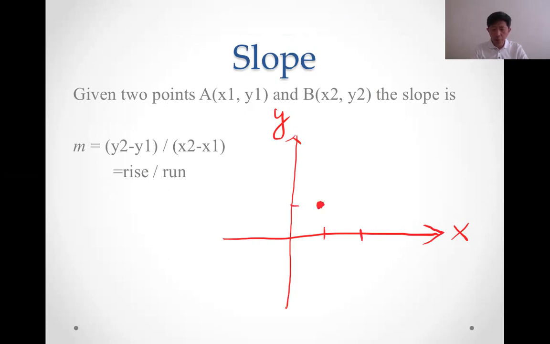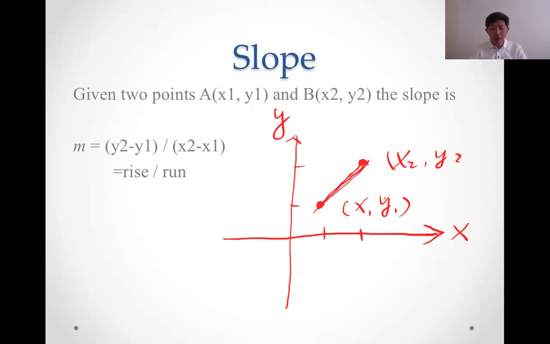One is x1 and this y1. The other point, we have x2, y2, and then we make a line, and then we have a slope.